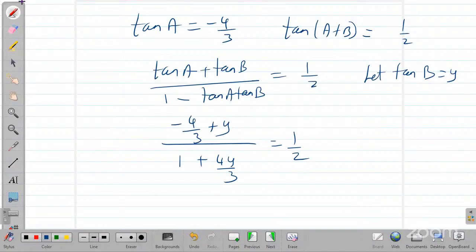Will it be minus 4 over 3? Just a moment.